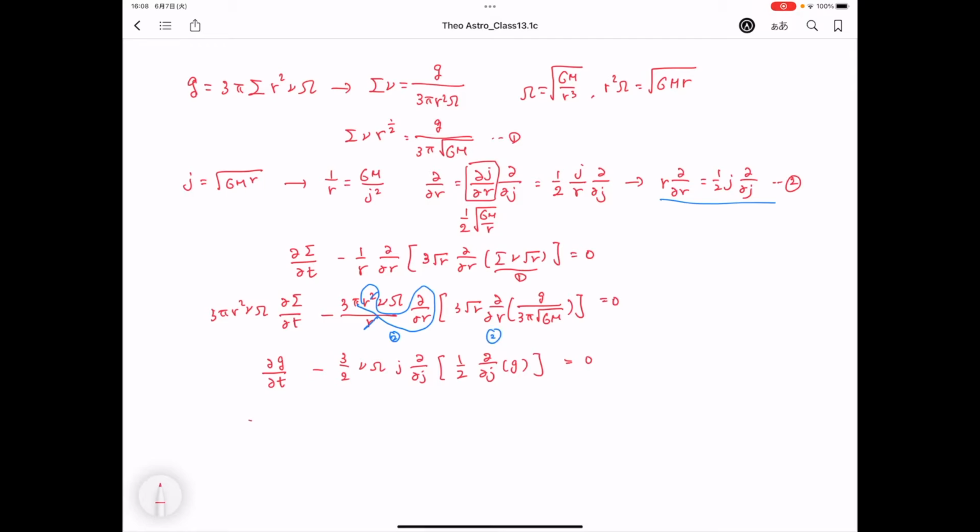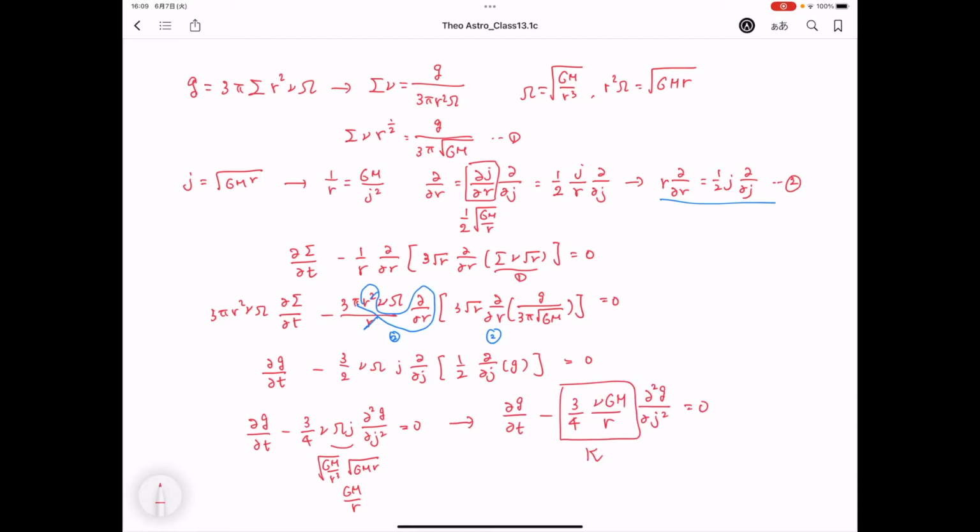Then omega j is the square root of GM over r cubed times square root of GMr, so this is going to be GM over r. The equation becomes, this is kappa. Then we have a diffusion equation.